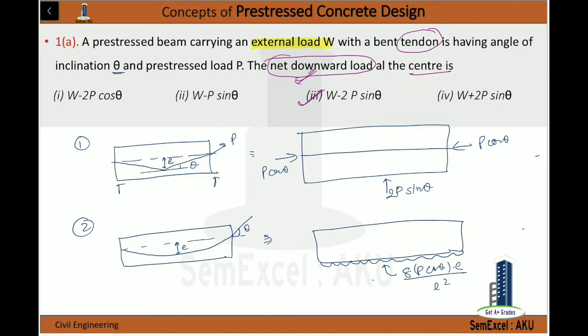So you have to remember two concepts here. One is due to the triangular bent tendon, we have an upward load of 2P sin theta, and due to the parabolic cable we have an upward load of 8P cos theta into e by L square, and of course a compressive force P cos theta. Here P is the value of the pre-stressing force in the cable. So please remember these two concepts.